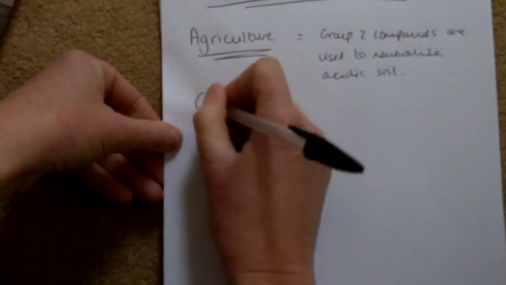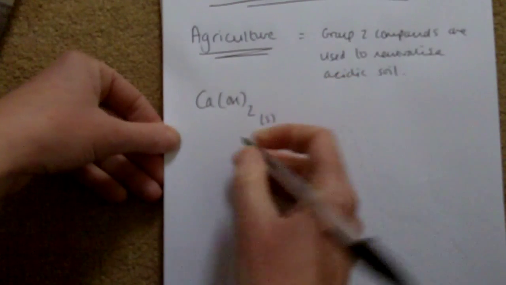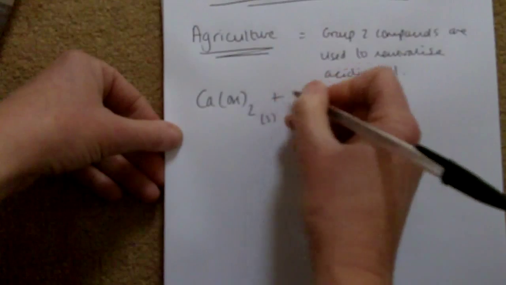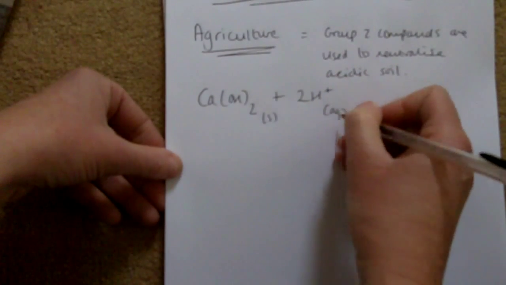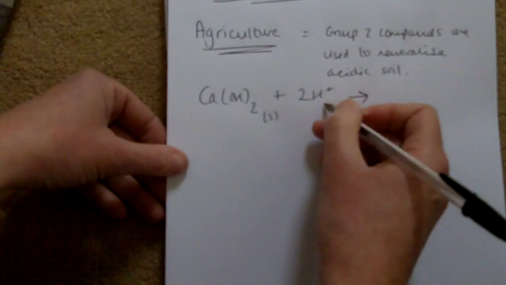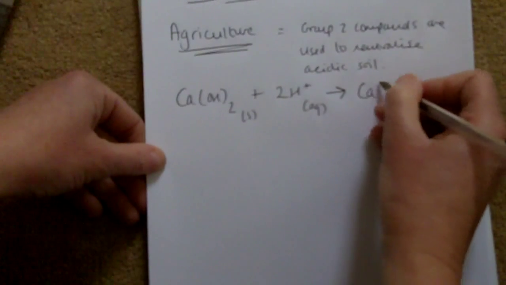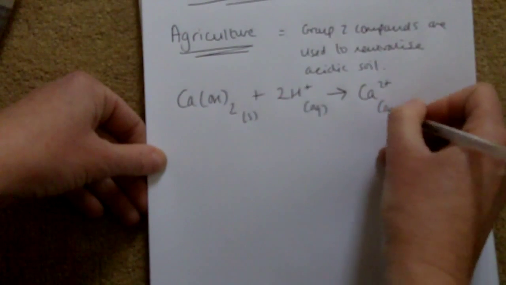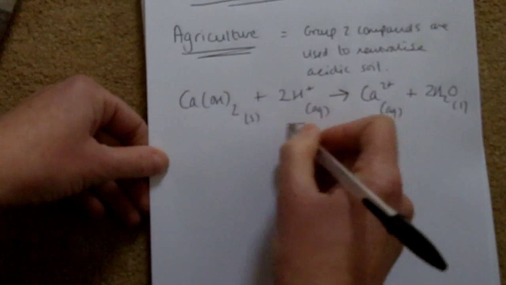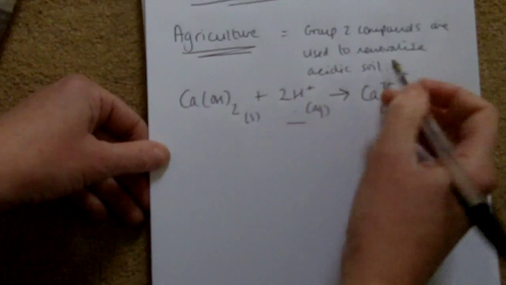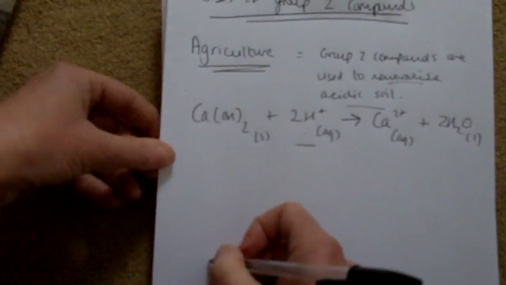Okay, so if you take calcium hydroxide, which is lime, a solid white powder, it gets sprinkled onto the soil. You might see the white on the soil. It reacts with the acid, whatever the acid is, H+, and it releases calcium ions and water. So there is less acid; it removes the acid from the soil, it neutralizes acidic soil. Okay, that's one of the uses of group 2 compounds.